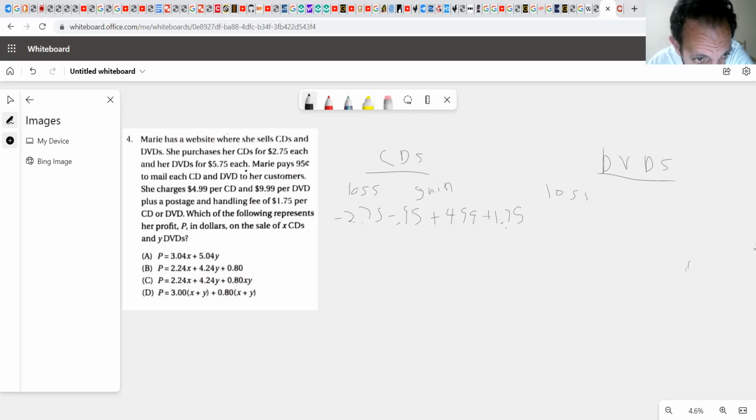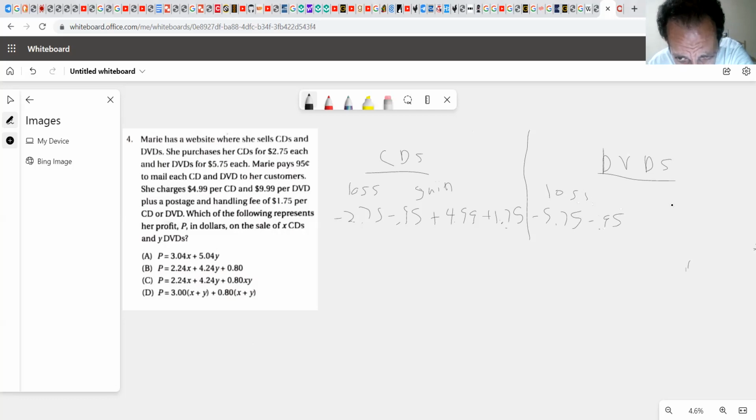It says she pays $5.75 for one, so that's a minus $5.75. Let me draw a line here to divide, since I'm talking about CDs and DVDs separately and I don't want to get mixed up. Okay, so that's the loss. And for the mailing, it's the same thing: 95 cents, so minus 95 for mailing.